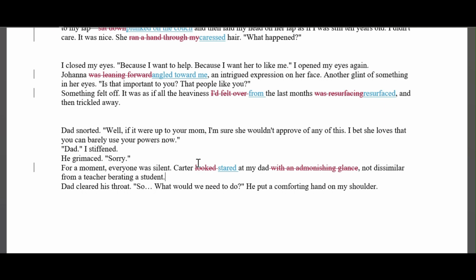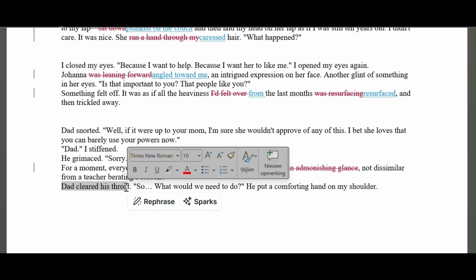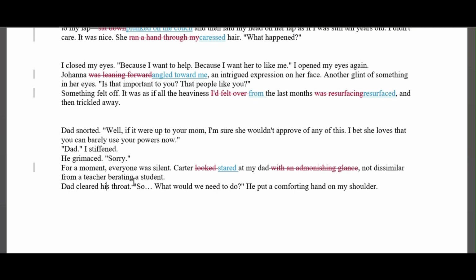So that's kind of how you can, when you don't really know how to find the perfect verb to get your emotion or visual across, use figurative language or a comparison to help the reader understand what's going on. And then, he cleared his throat. So again, cleared his throat, fine, it's a clear action.